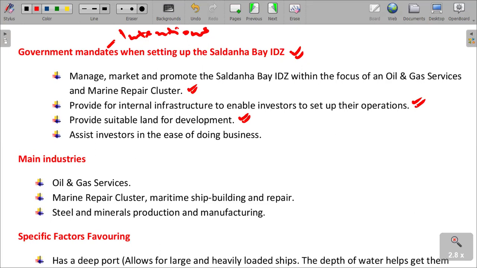When government was setting up Saldanha Bay, it was providing suitable land for development and also assisting investors in the ease of doing business. The ease of doing business comes through various development activities that came along with the establishment of the bay. So as the bay was set up, investors were also made able to access the area and do their business more easily.